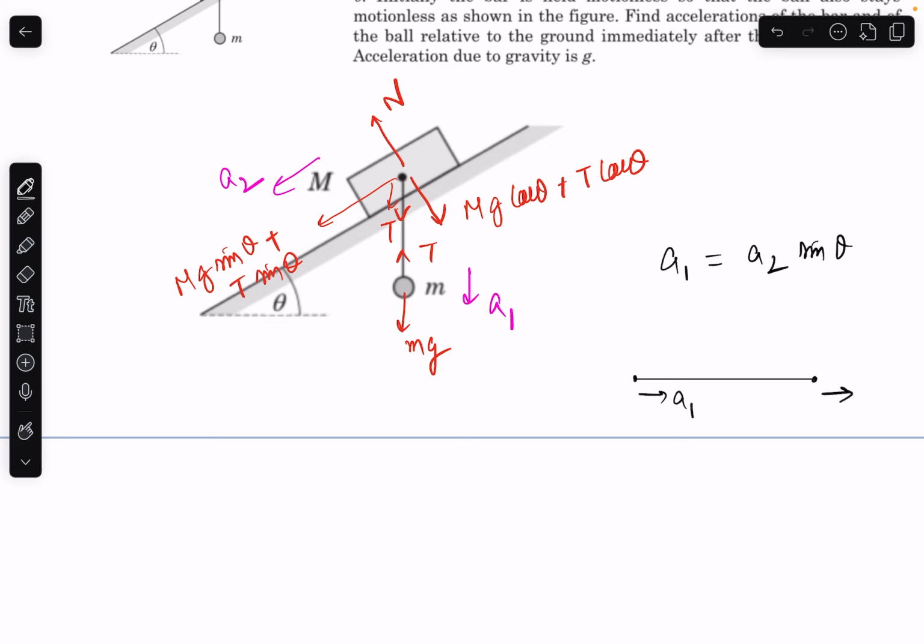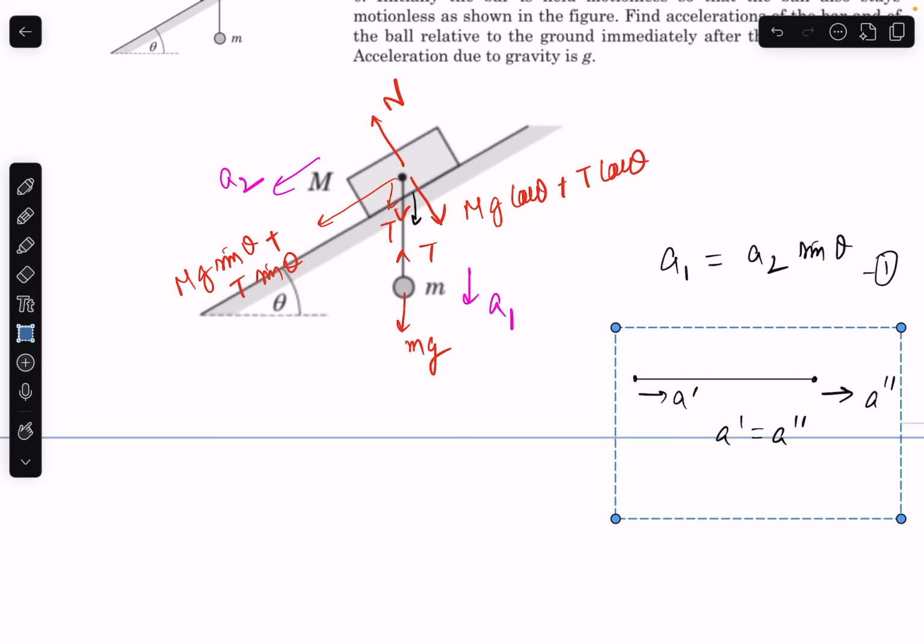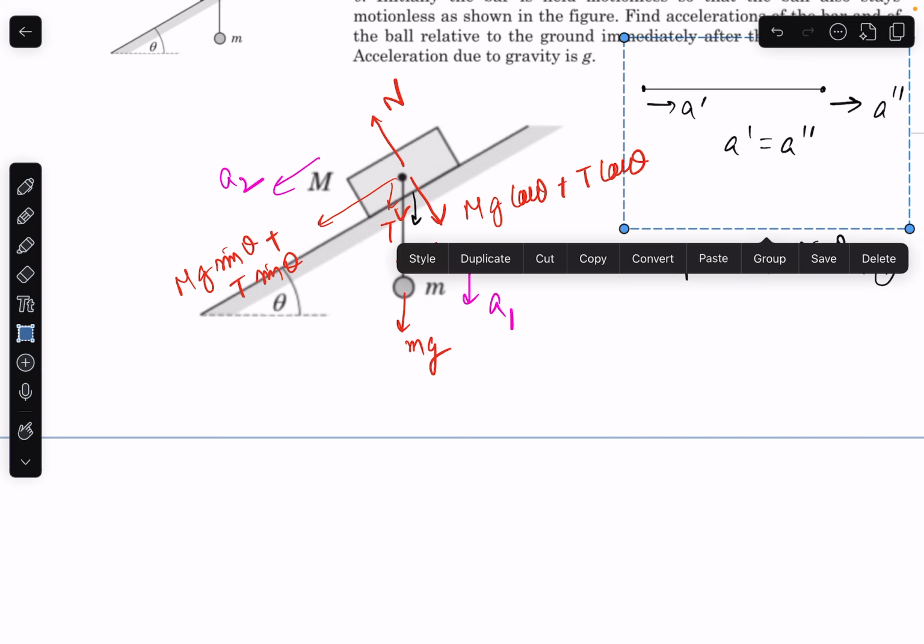So if this is a prime and this is a double prime, then a prime is always equal to a double prime. So the component of a2 along the length of the string will be a2 sin theta. So this a2 sin theta should be equal to a1. So that is why we have got this equation. Let us call this equation 1.